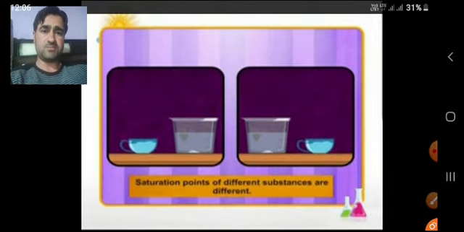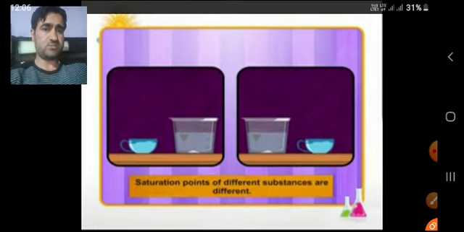At the same time, saturation points of different substances are different. Like I said, at 20 degrees centigrade, where the solvent is water, we can make a saturated solution of 36 grams of salt, 204 grams of sugar, and 21 grams of copper sulfate.